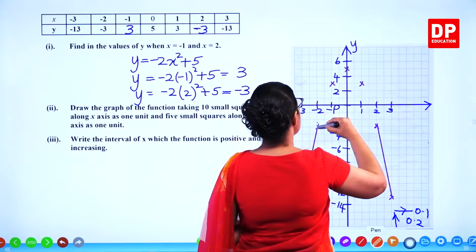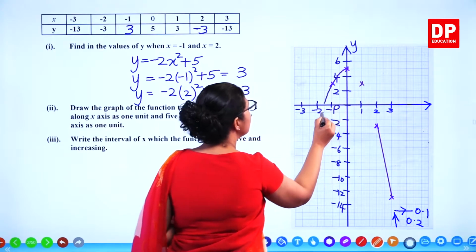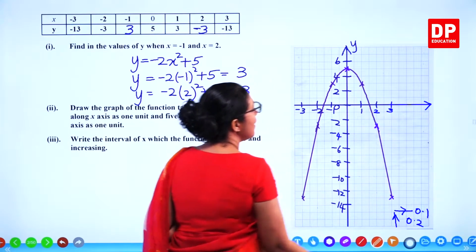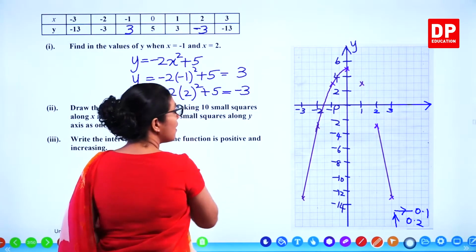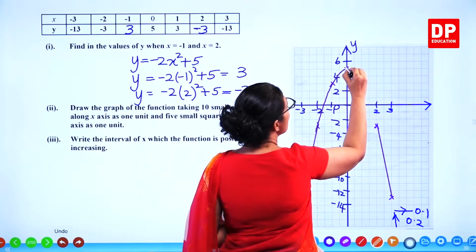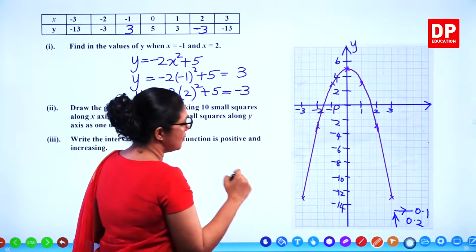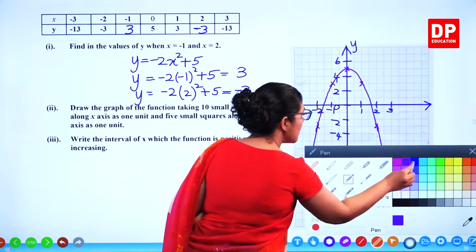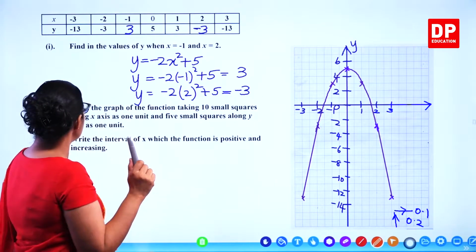I'll start from here and then go like this. So again I'll draw this. So that's the curve. You get 3 marks for the graph, but we have to answer the next question.